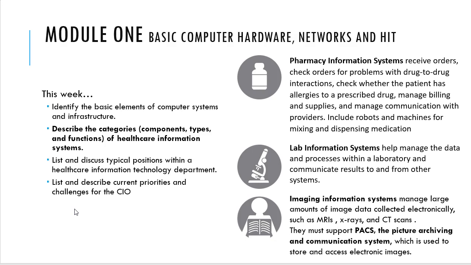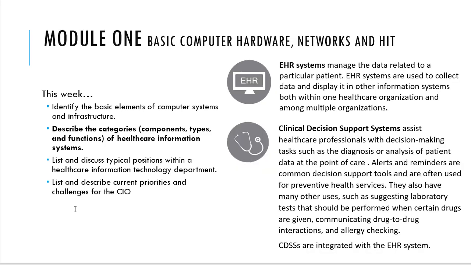Imaging is also very big, especially with the picture archival systems. When you go in for an X-ray or an MRI or a CT scan, a lot of those images are then archived so that the picture can be pulled up later by the healthcare professional that's looking at it to either treat or to diagnose that specific issue or illness that the patient is presenting with.